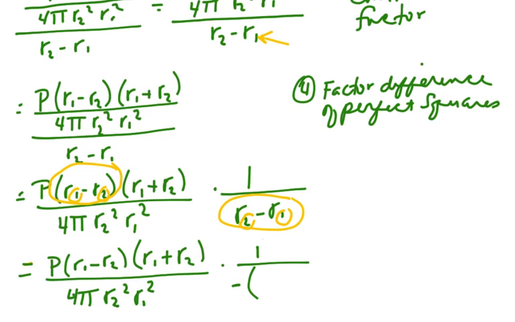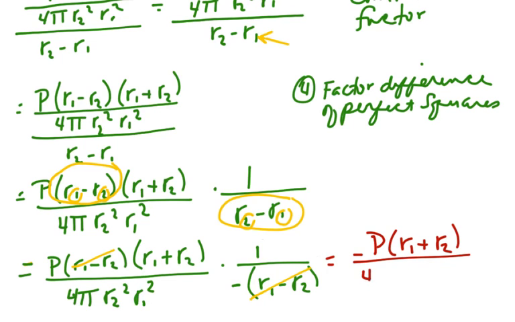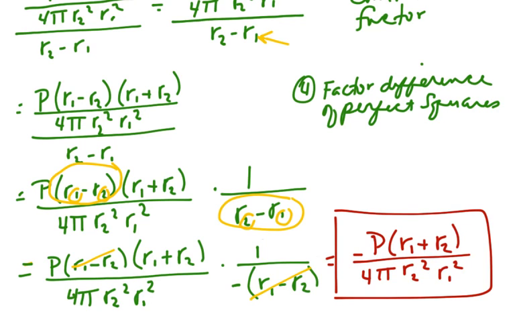Now I can cross these out, and the simplified version of this is minus P R times R1 plus R2, all over 4 pi R2 squared R1 squared. And that's your answer. I hope this little bit of algebra review helps you.